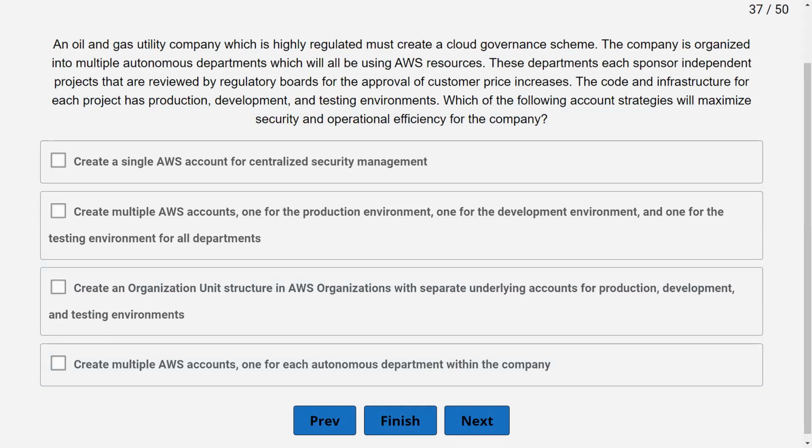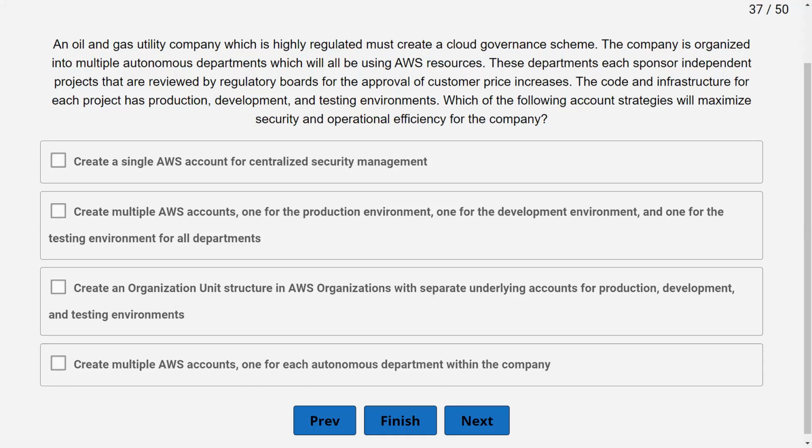An oil and gas utility company, palm oil company, which is highly regulated, must create a cloud governance scheme. The company is organized into multiple autonomous departments, which will all use AWS resources.